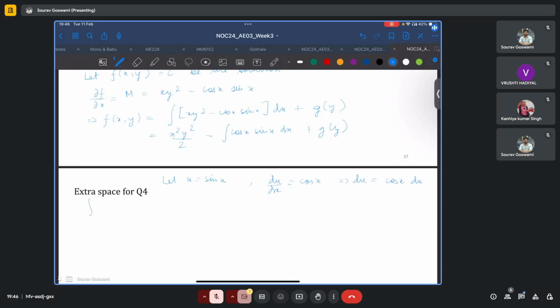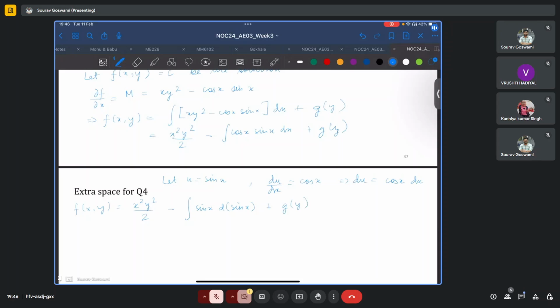So I can write f of x, y as x square y square by 2 minus the integral of sin x d(sin x) plus g of y.